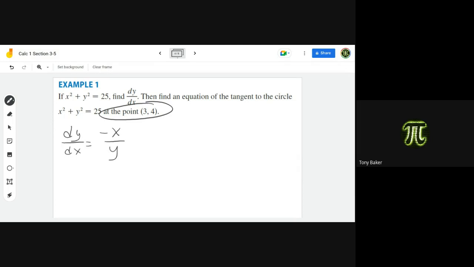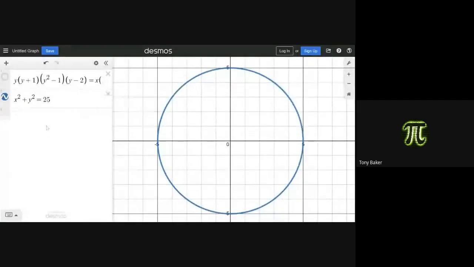So if we look at our graph for this, they want to know what the slope is and then what the tangent line is at that point.